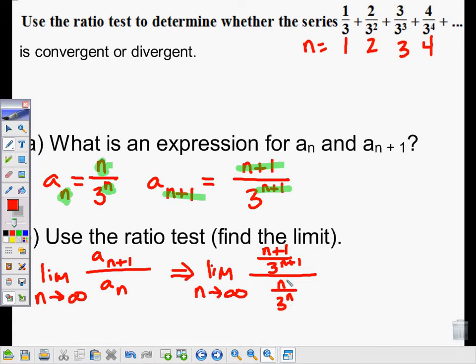Now, instead of dividing by a fraction, I will translate that into multiplying by a reciprocal. So I have the limit as n goes to infinity of n plus 1 over 3 to the n plus 1 times the reciprocal of my denominator, 3 to the n over n.